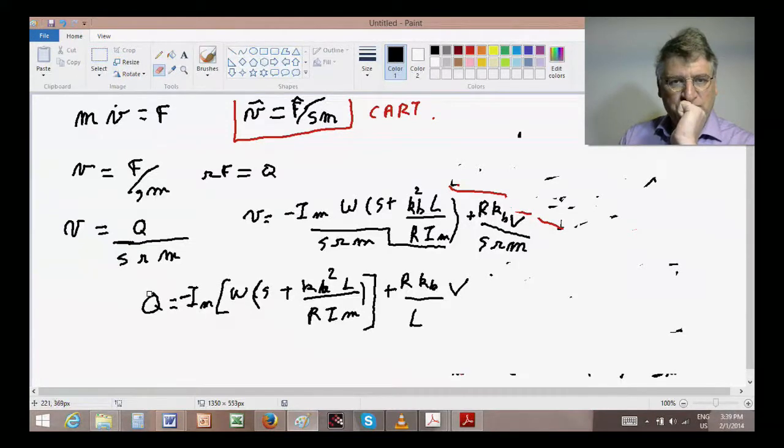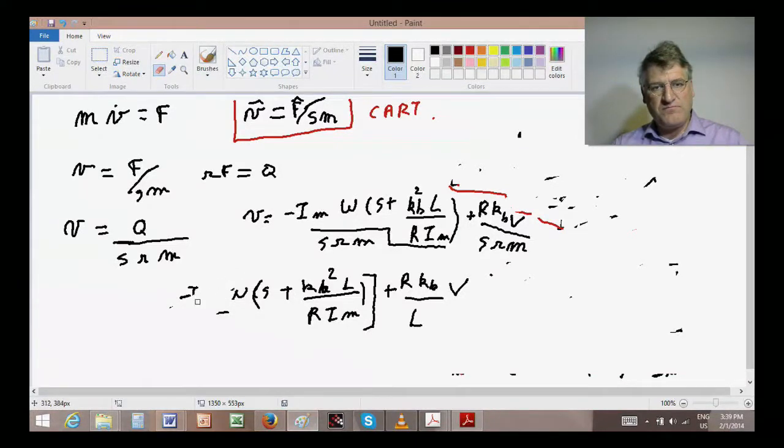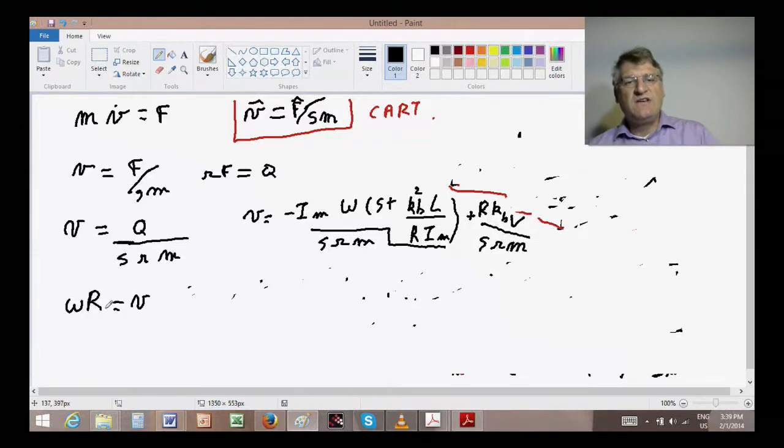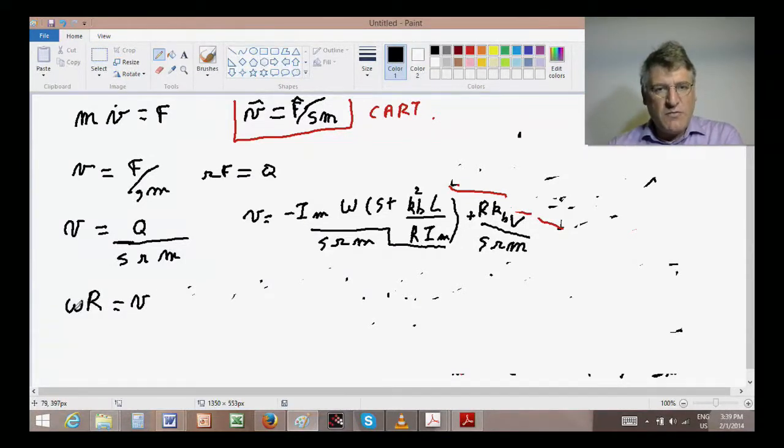And right. The relationship between omega and V satisfies omega times some characteristic radius r must be equal to V. It's like a gear connection between the motor speed and the speed of the cart.